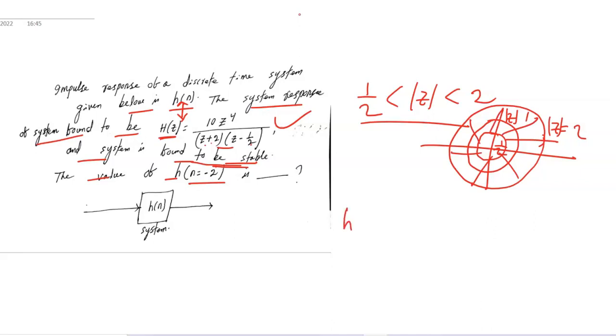So h of minus 2 is equal to 1 upon 2 pi j, complex integration, and the contour is inside the ROC. Always remember, the counterclockwise contour should always be inside the region of convergence.